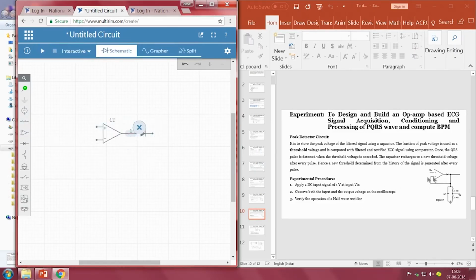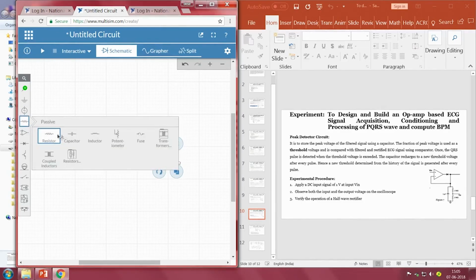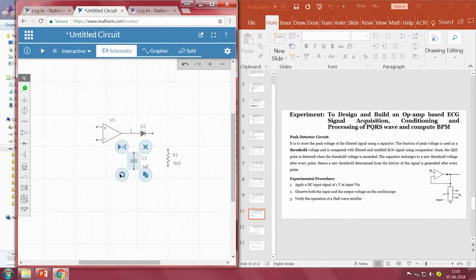Then we will take resistors as well as a capacitor. I am taking a resistor, one more resistor, and a capacitor too. So, these two have to be connected together.